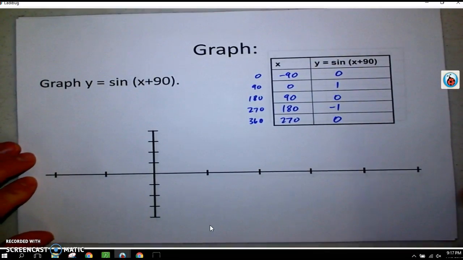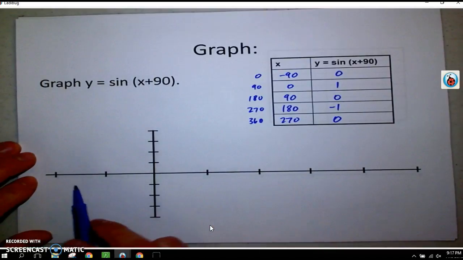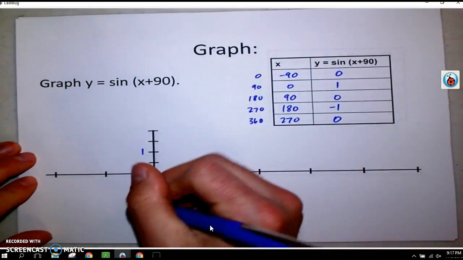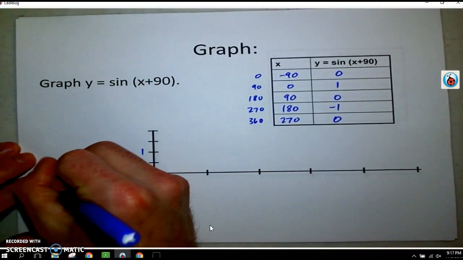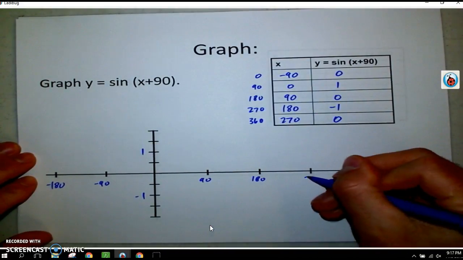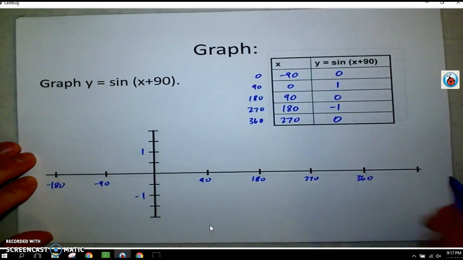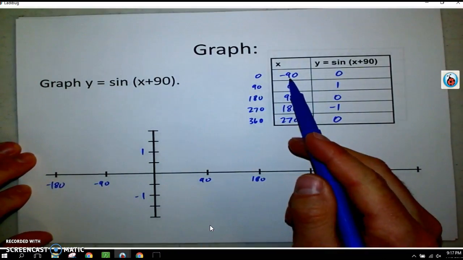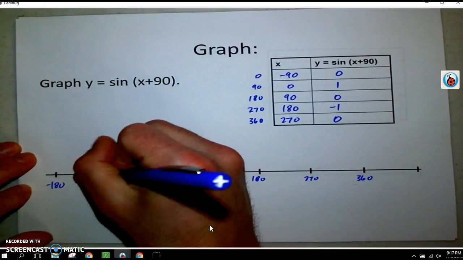So what I need to do here is just label my y-axis and my x-axis. So I'll go from 1 to negative 1. And let's go ahead and plot these points. My first point is at negative 90, 0.